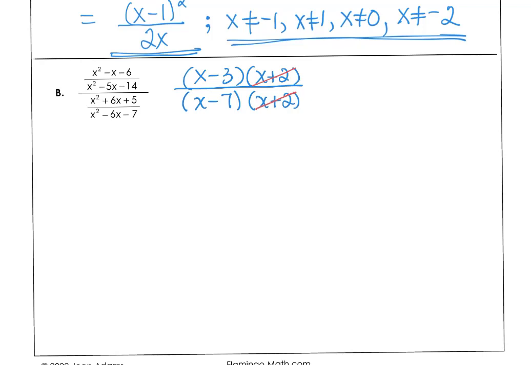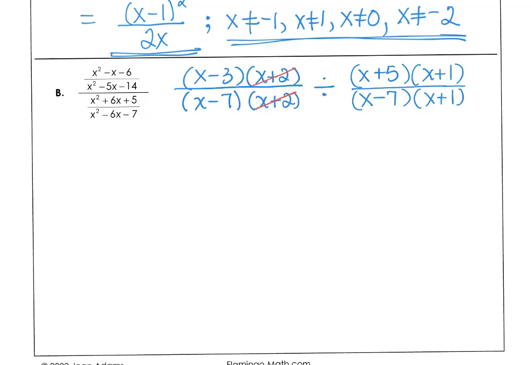And then we're going to divide by the factors of this polynomial, so that's x plus 5 times x plus 1, and then this denominator would be x minus 7 times x plus 1.